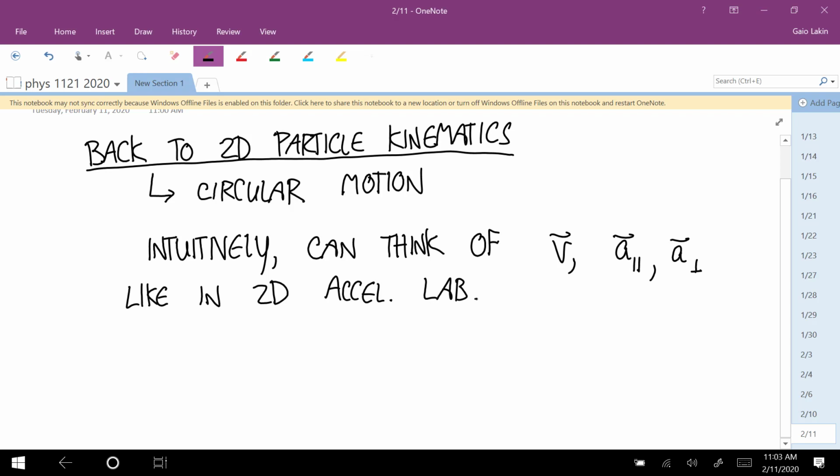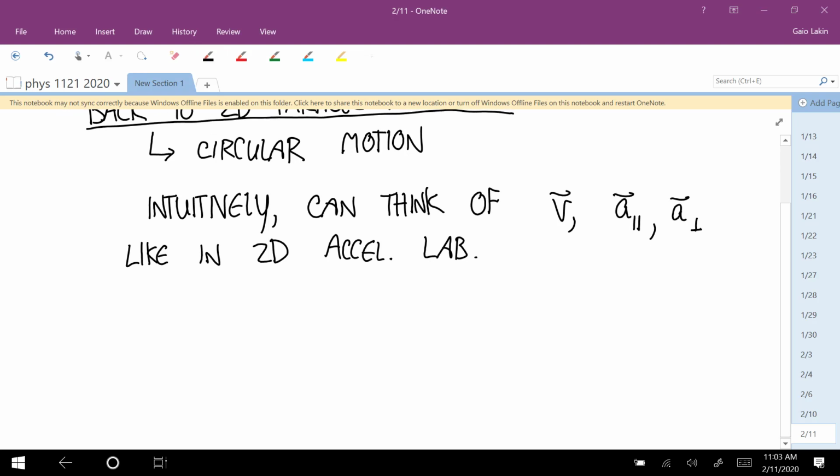There are a couple of new things. Two just have to do with naming, nomenclature.